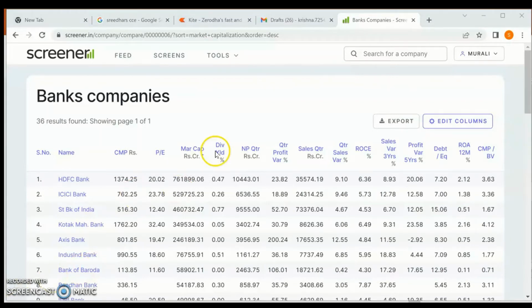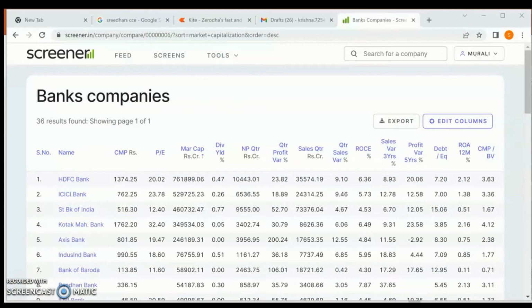And dividend yield, sales for quarter and year. First you filter everything. After that you get one stock, for example HDFC Bank.